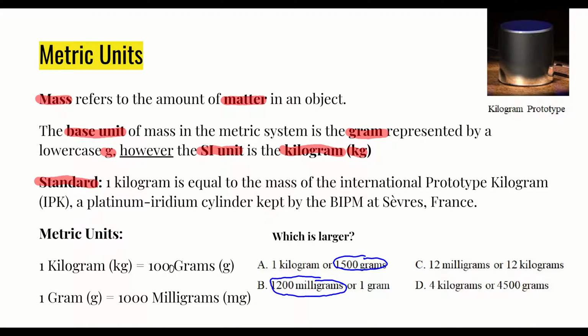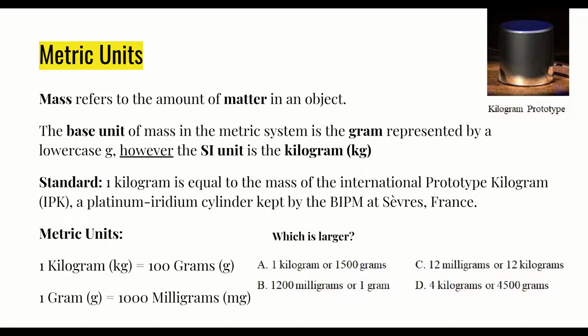If we look at 12 milligrams or 12 kilograms, we have the same number, so we always have to pay attention to that unit, and kilograms is a far greater unit, so that's going to be way, way bigger. And now if we look at 4 kilograms or 4,500 grams, well, 4 kilograms would be the same as 4,000 grams if for every kilogram we have 1,000, which means 4,500 grams would be a little bit bigger, actually about 4.5 kilograms.